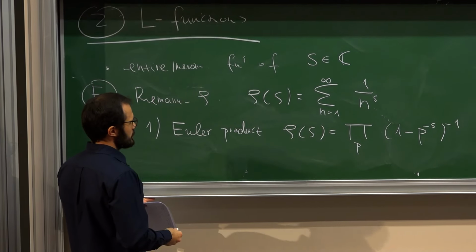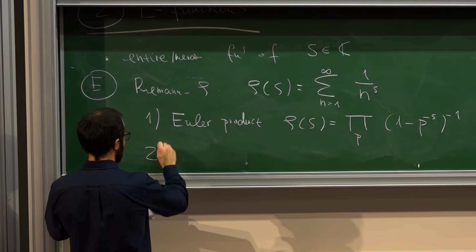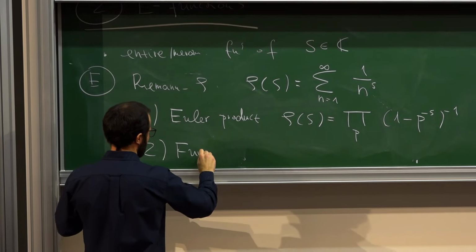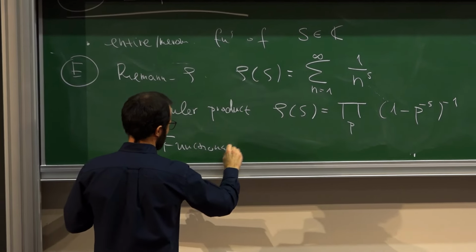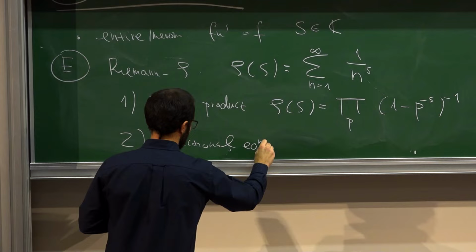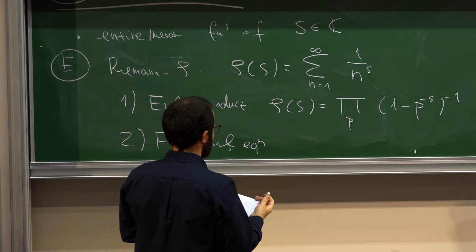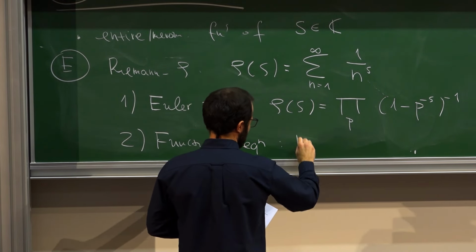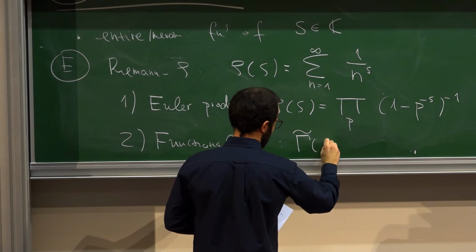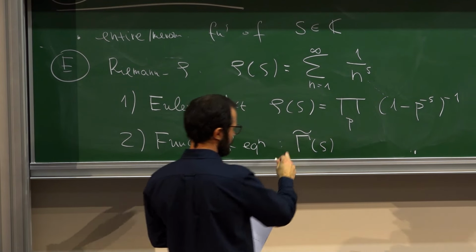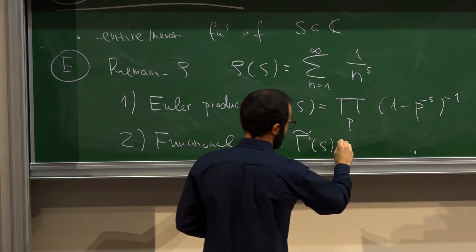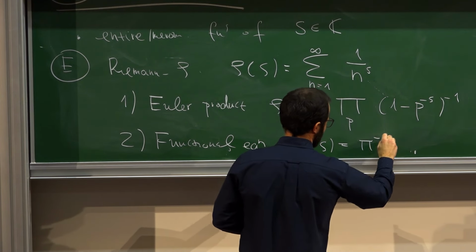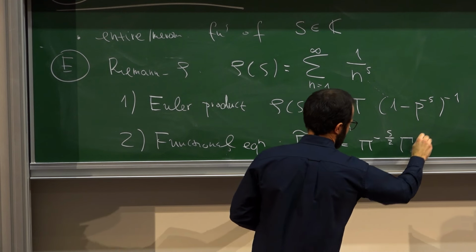And the second property is a functional equation. To state the functional equation, let's first define this function of s, which is a modified gamma. I'll call it gamma tilde, which is pi to the minus s over 2, gamma of s over 2.